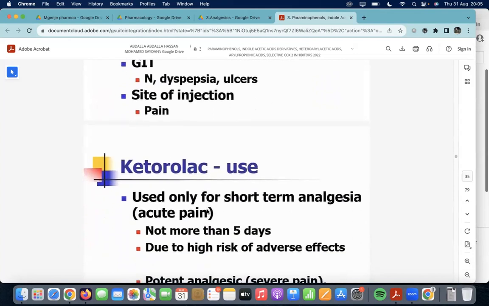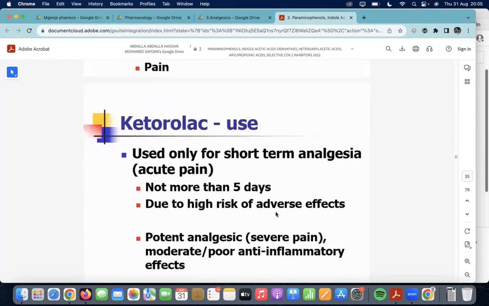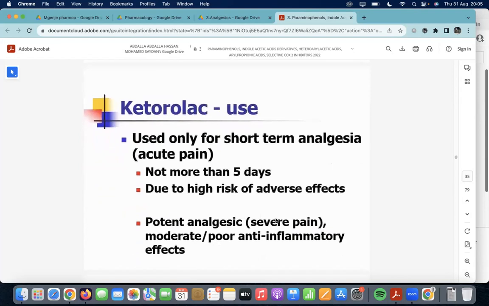For the use, it's used only for short-term analgesia, acute pain. It's not used for long-term. It's not used for more than 5 days due to high risk of adverse effects. It's a potent analgesic, so it's used in severe pain, and it has moderate or poor anti-inflammatory effects.